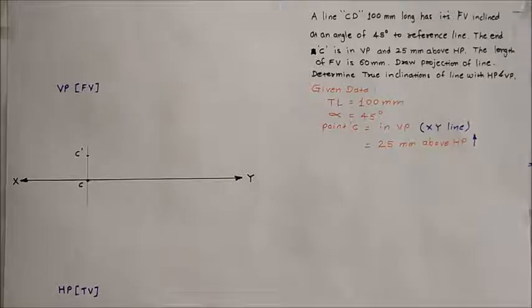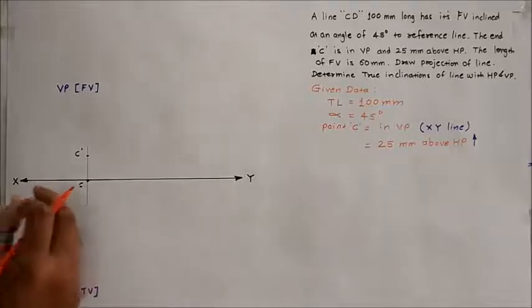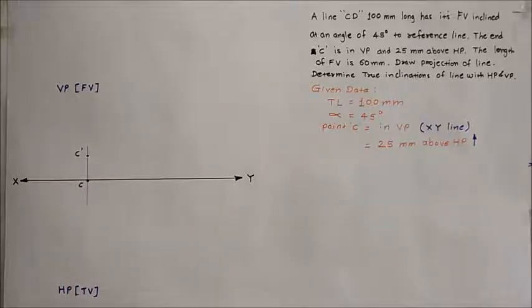Now next, the true length of line is given, that is 100 mm. The front view is making angle of 45 degree with the reference axis is given, and the length of front view is 60 mm is given in the example. So the front view is elevation length of the line.